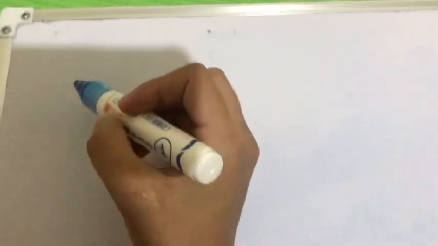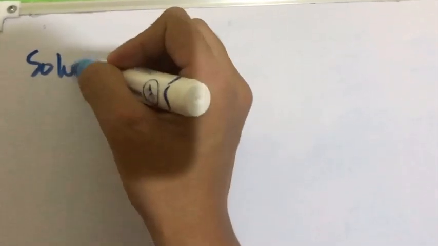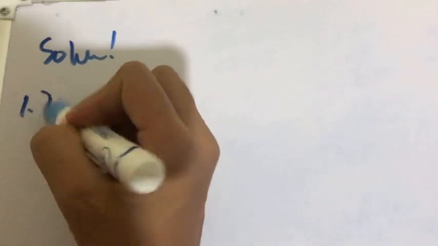To solve for each indicated value involving direct variation. Okay. And here, solve. So number 1.